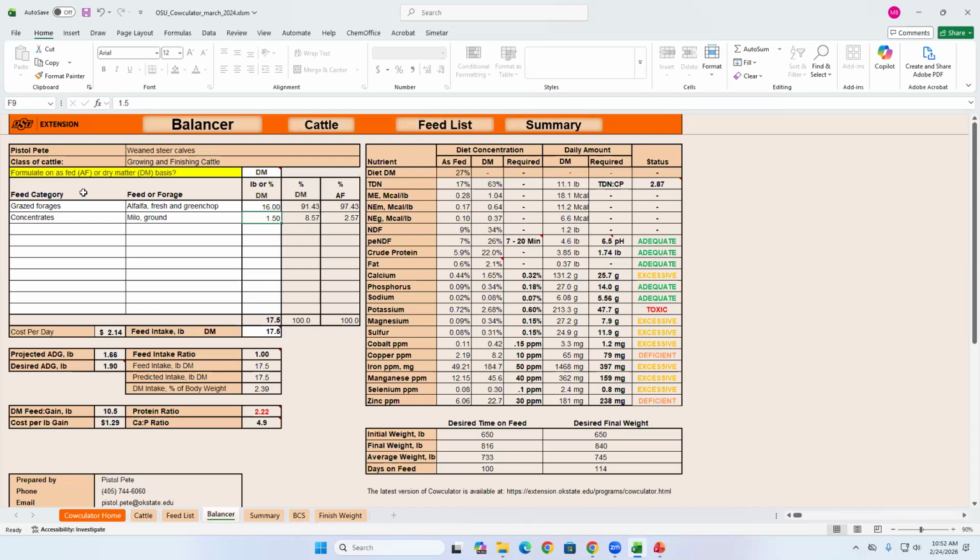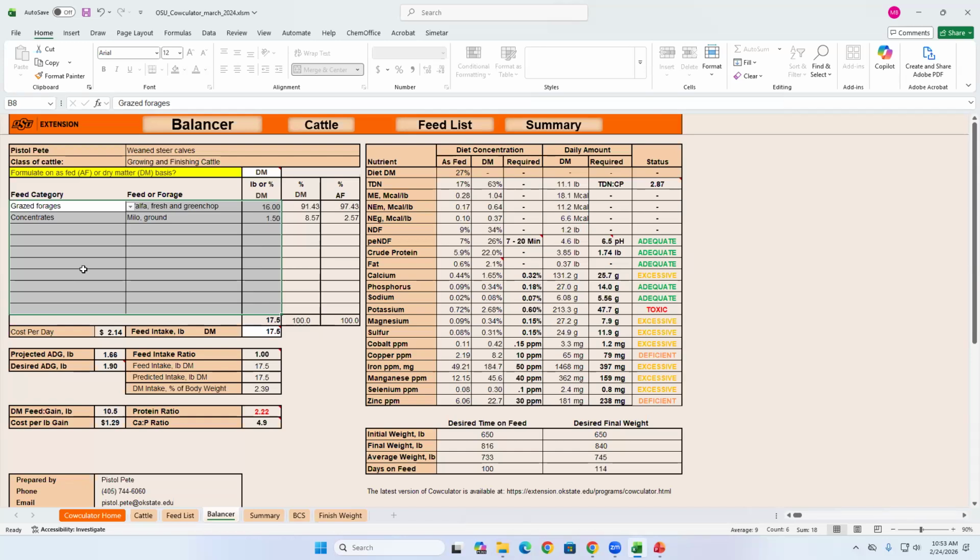I will say these NASEM models are not the best at predicting responses in forage intake to a supplement, kind of is what it is. All the intake equations are solely based off of energy, so based off of NEm value.